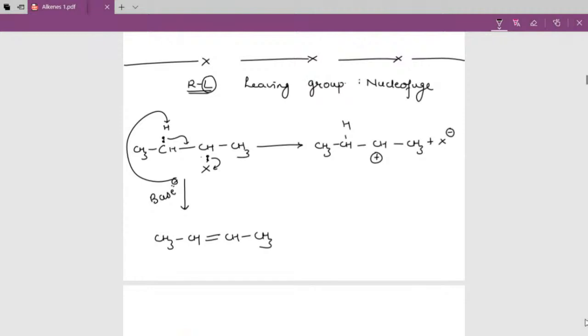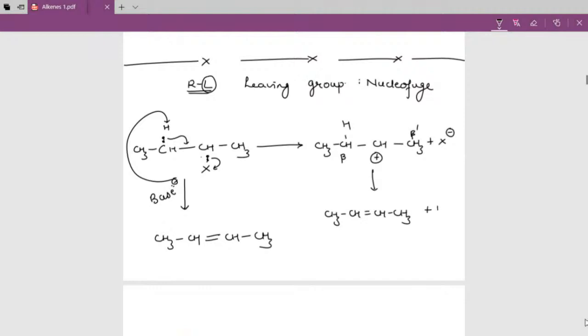Whereas here, once carbocation is formed, now it will lose, assuming similar, I'm taking this and leaving this at this point of time, that as a second step, it releases H and forms alkene.